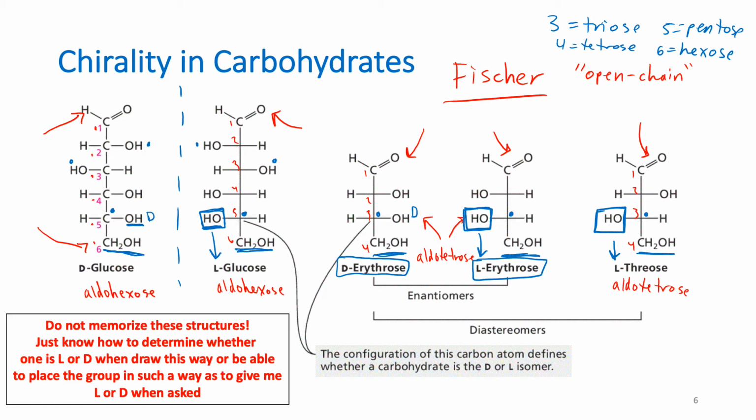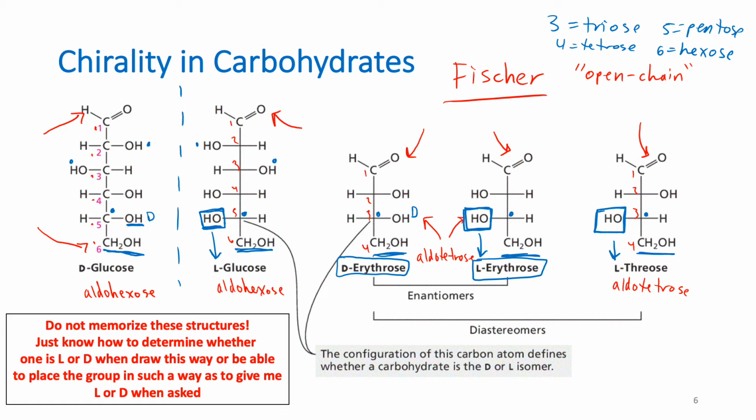Diastereomers, recall, are not necessarily defined like enantiomers are. Enantiomers are non-superimposable mirror images. Diastereomers are stereoisomers that are not enantiomers, which pretty much is a fancy way of saying they have one stereocenter changed. Okay, and so notice how L and D erythrose have both stereocenters changed to give you a complete mirror image.